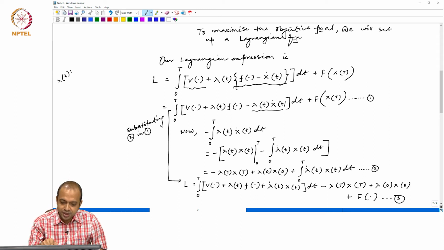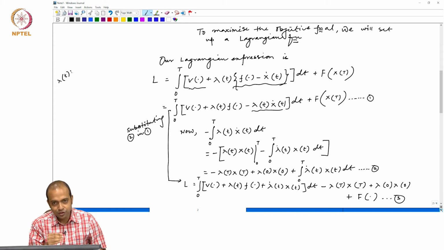So, this lambda t is a converter that will convert this type of stock into benefit. So, that means lambda t we can think of as marginal benefit of the change in stock, or indirectly you can say marginal benefit of keeping the resource intact.